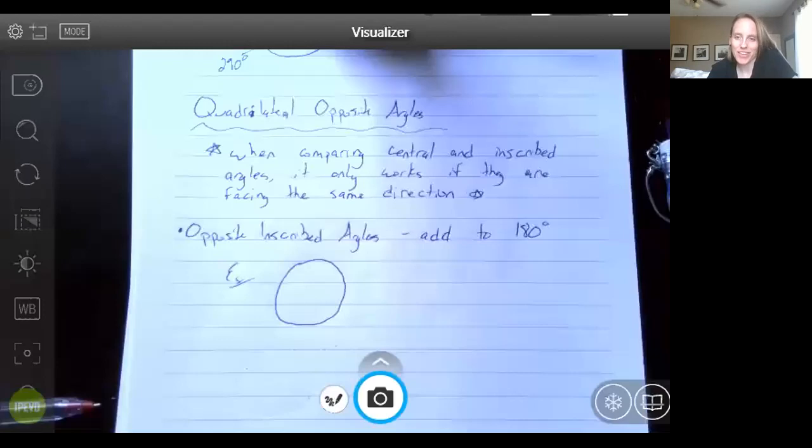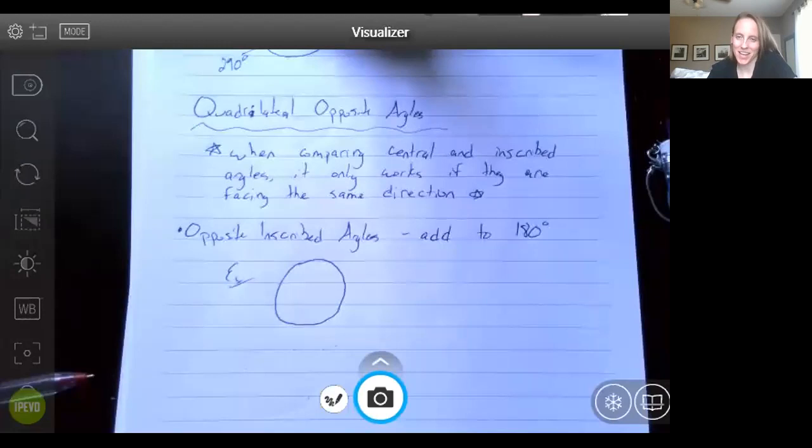The last thing that we're going to look at here is quadrilateral opposite angles inside of circles, and we can do this for both inscribed angles and when comparing central and inscribed angles. The one thing that's important to note whenever you're comparing angles is that it only works whether you're comparing inscribed angles with inscribed angles or central angles with inscribed angles.